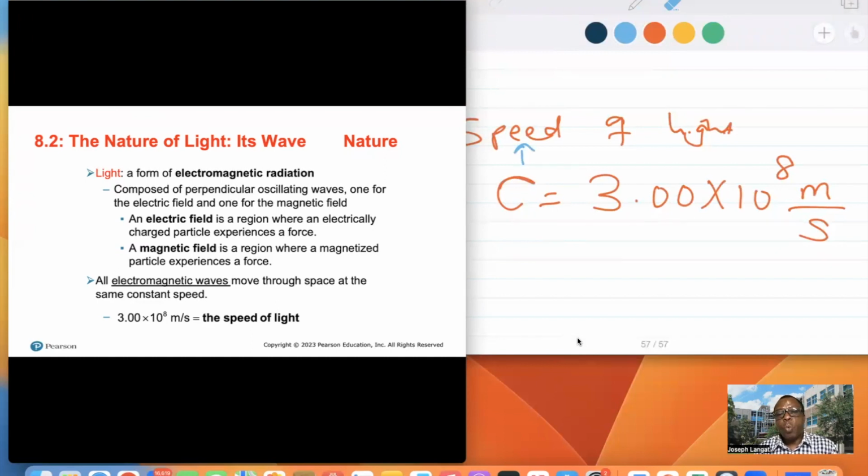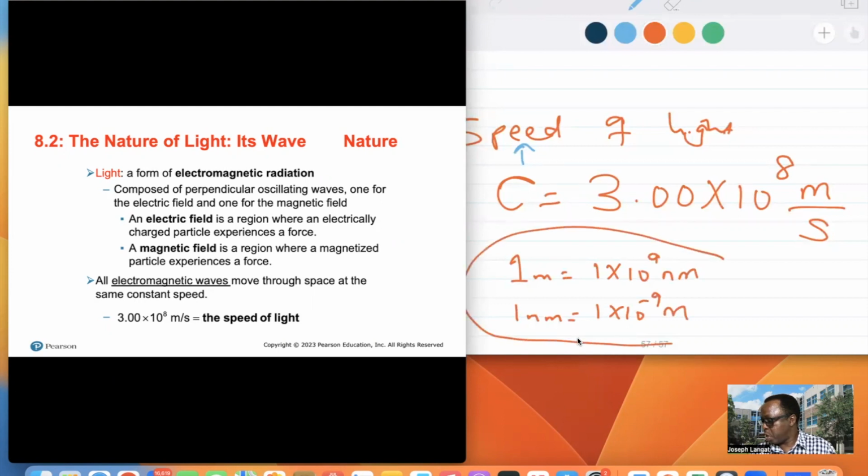Earlier, in section 1.6 in chapter 1, we looked at dimensional analysis and the prefixes used. Remember, 1 meter equals 1 times 10 raised to 9 nanometers. 1 nanometer equals 1 times 10 raised to negative 9 meters.